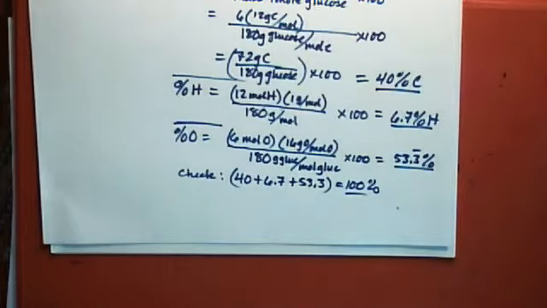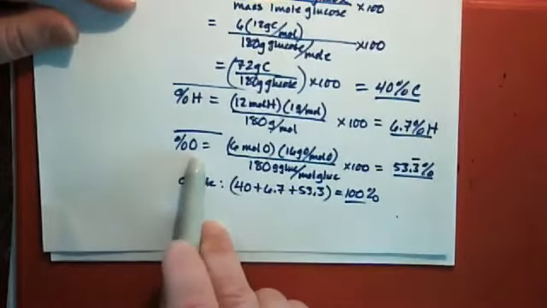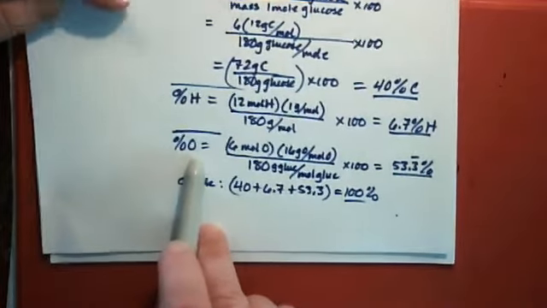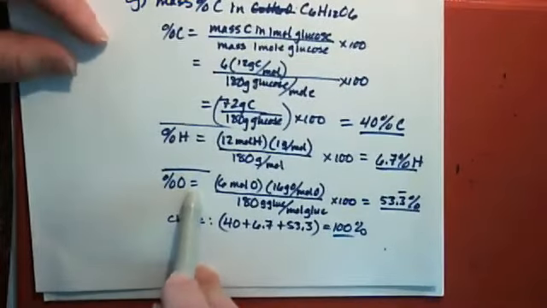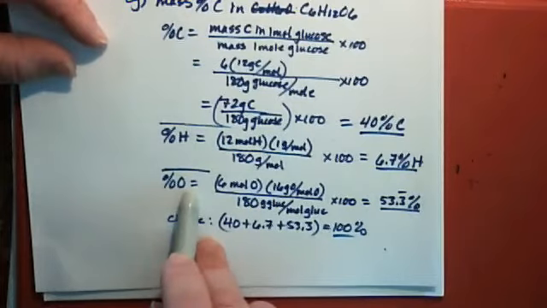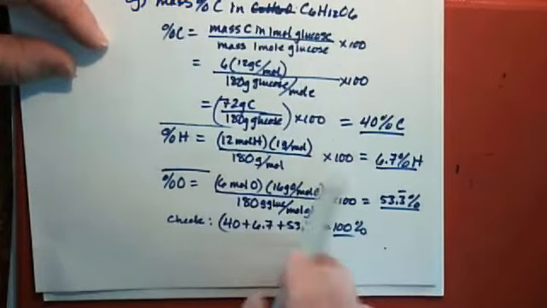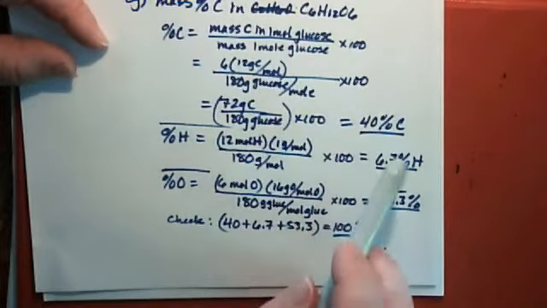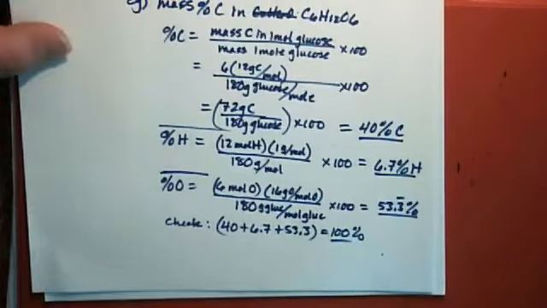The other thing is that we could have saved ourselves a little effort by noticing that oxygen was the last thing present in glucose. And so since the 3 percentages have to add up to 100, the percentage of oxygen should be 100 minus this, which it is. If you take 100 minus 40 minus 6.7, you get 53.3.